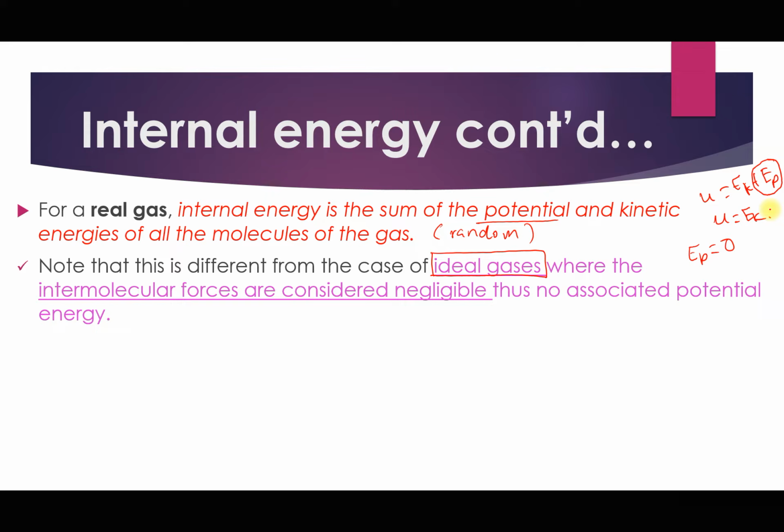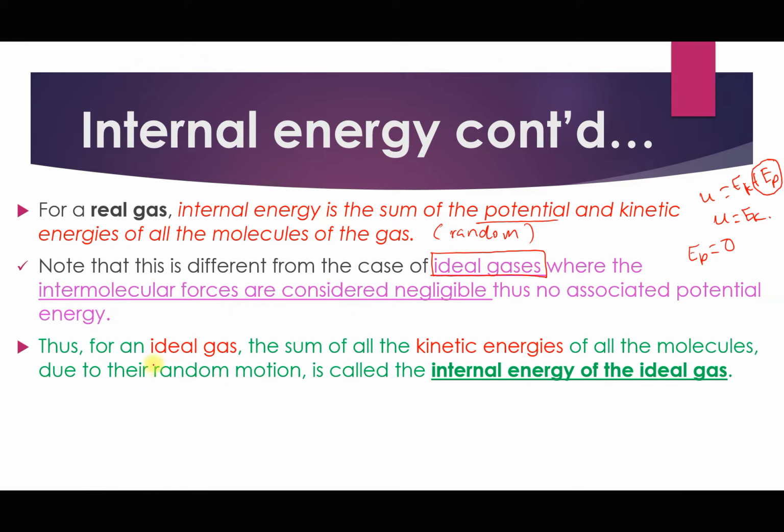So for an ideal gas, we don't talk about potential energy because the intermolecular forces are considered negligible and equal to zero. Thus, the sum of all the kinetic energies of all the molecules due to their random motion is what we call the internal energy of the ideal gas.